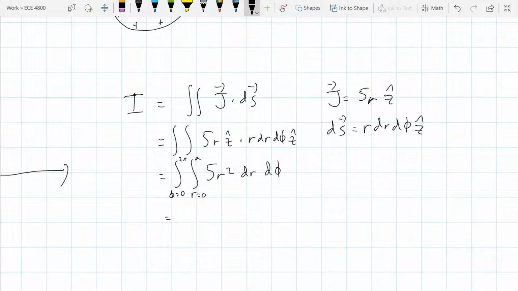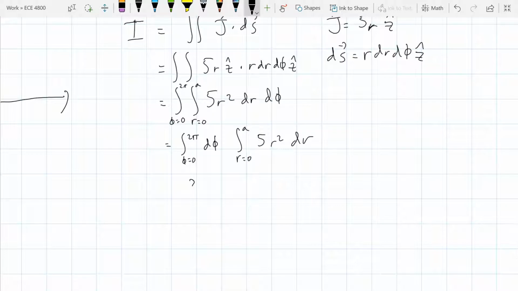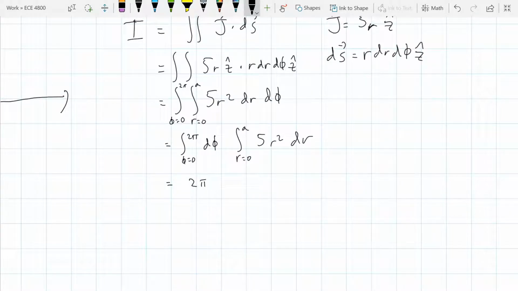All right, because none of this is a function of phi, we can separate out these two integrals. So you end up with something like this: the integral of phi from 0 to 2 pi d phi, and then the integral of r from 0 to a of 5r squared dr. So this just comes out to 2 pi here, and this comes out to 5 over 3 r cubed, evaluated from 0 to a.